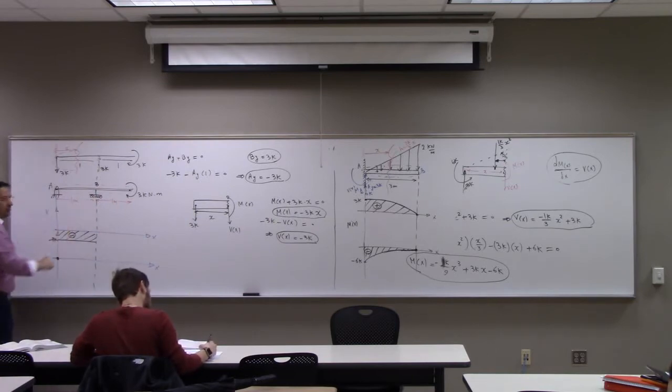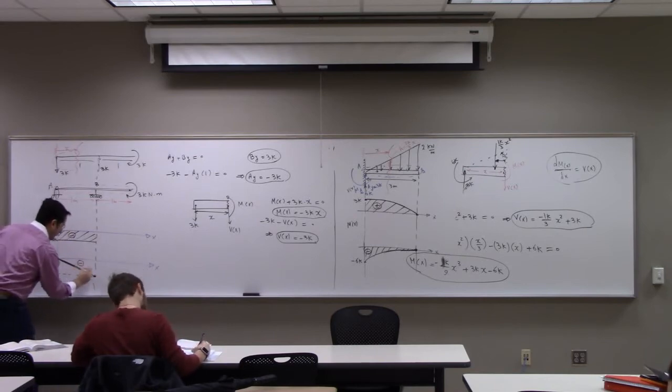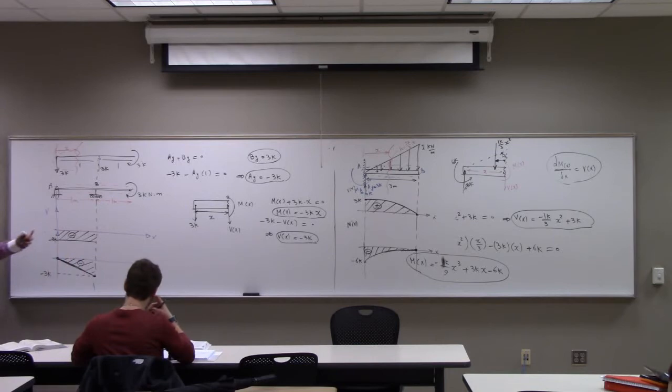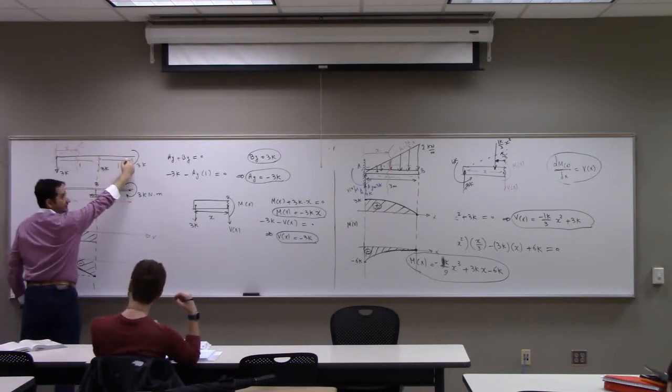At point 1, moment is equal to? So put 1 there, you get negative 3K. Now I go ahead and do the same thing from here to here.